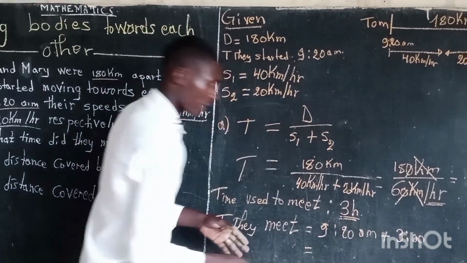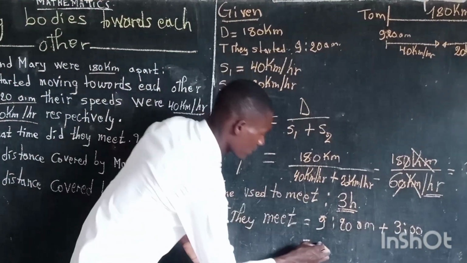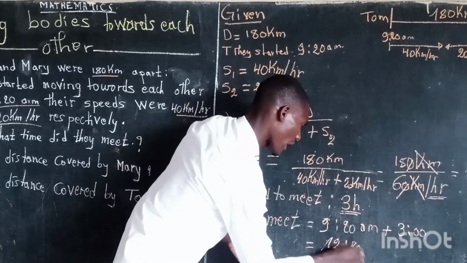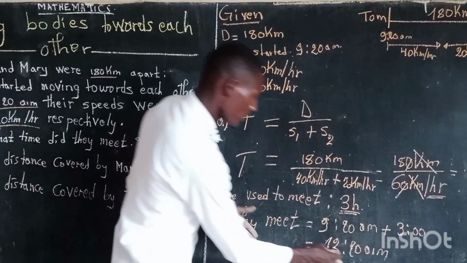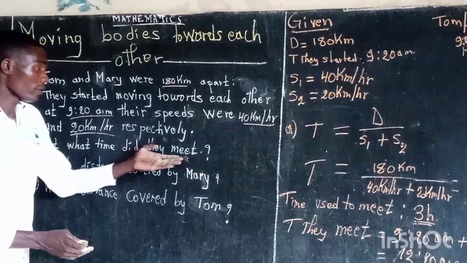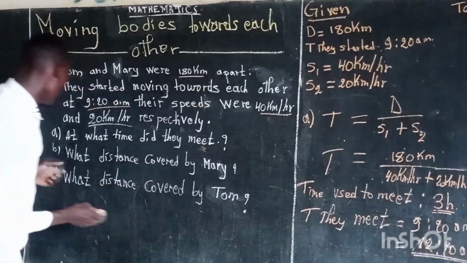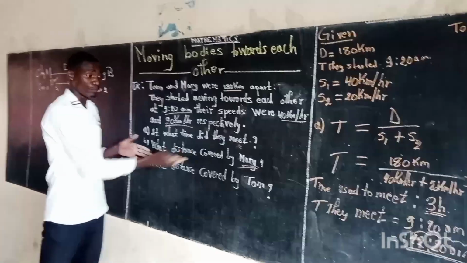By adding these ones, you are going to get what? It's 12:20 a.m. By now, this is the time they meet, which is A.